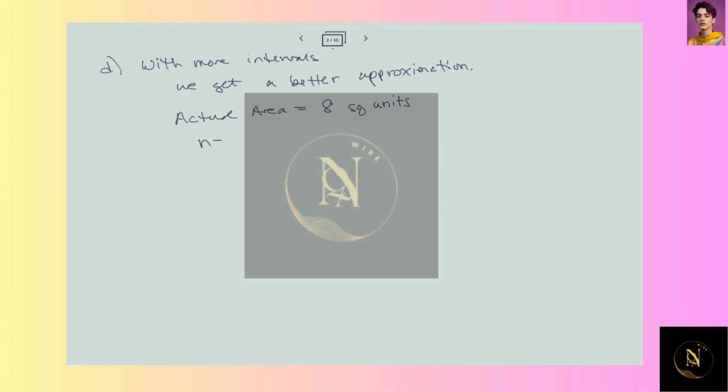And then when n was 4, we got 6 square units. When n was 8, we got 7 square units. So if we keep increasing, the answer is yes to that last part: as we get more and more intervals, we get a more and more accurate approximation.